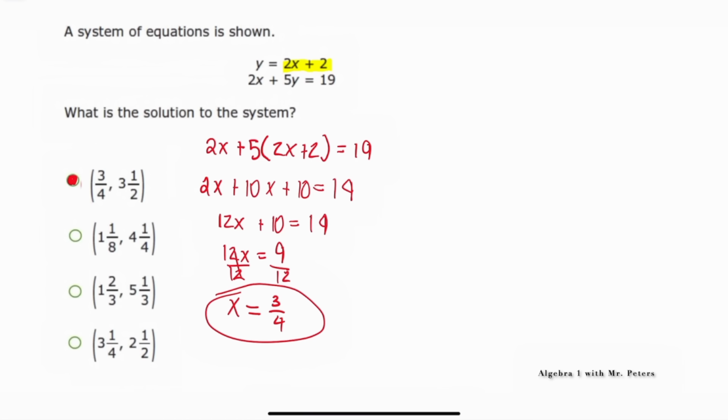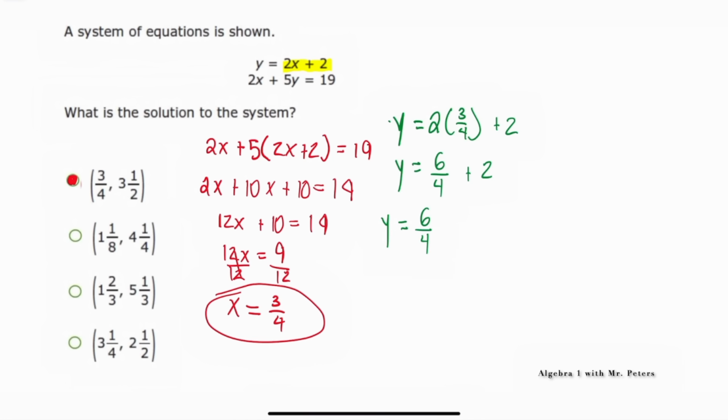But let's say we just wanted to make sure we got it right. So let's just go back and plug this in. So we go back to the first equation, y is equal to 2 times x, which is now 3 over 4, plus 2. When we simplify, we're going to get y is equal to 6 over 4 plus 2. Right? I change 2 into a fraction.